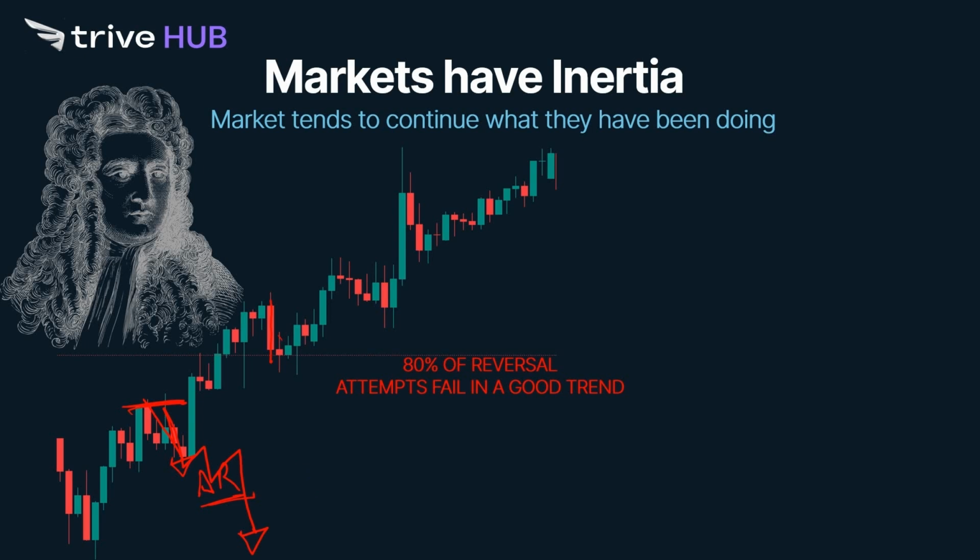If one person is buying and the other person is selling, both have different views. The buyer wants to keep the market moving upside to make money, whereas the sellers think they need to change this trend's direction to make money, right? Both have different views, but here you can see each attempt by the short sellers is failing because of the inertia the market is having. The market has inertia on the upside in this particular trend. This is why each of these reversal attempts is failing.